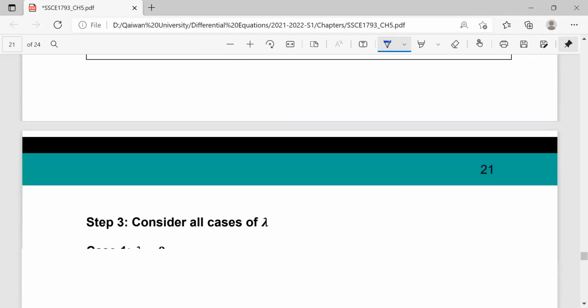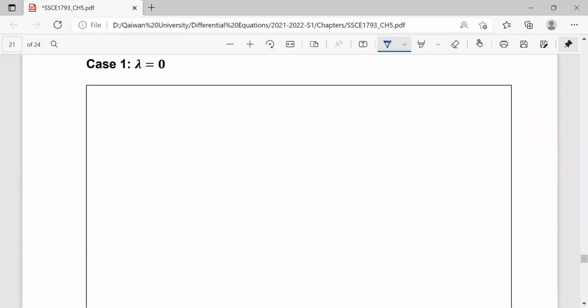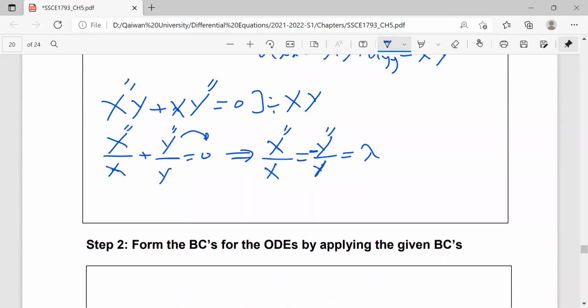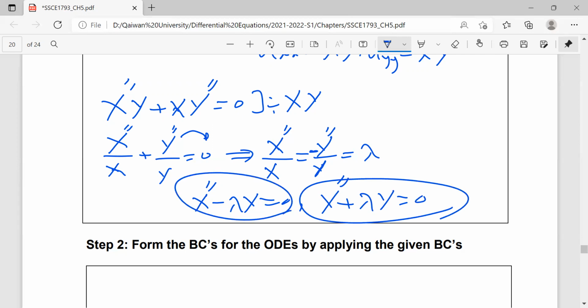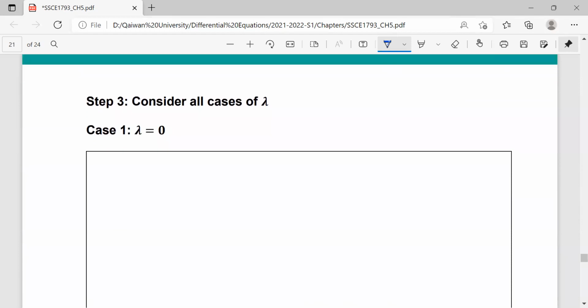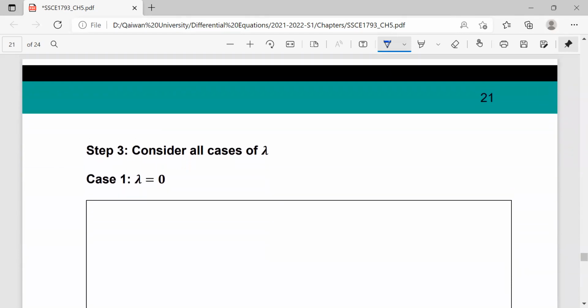Now we have three cases for lambda. After equating this to that, we get X double prime minus lambda X equals 0, and also Y double prime plus lambda Y equals 0. We have these two second order ordinary differential equations, and we solve them.